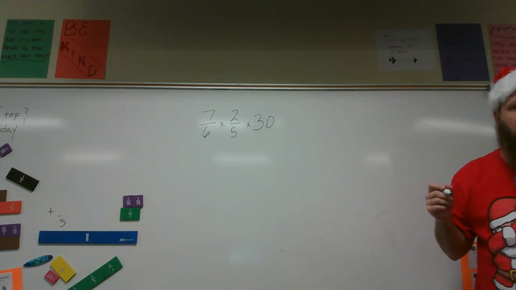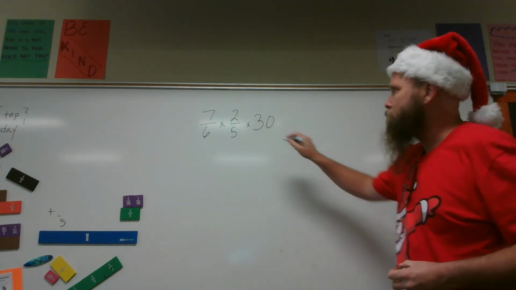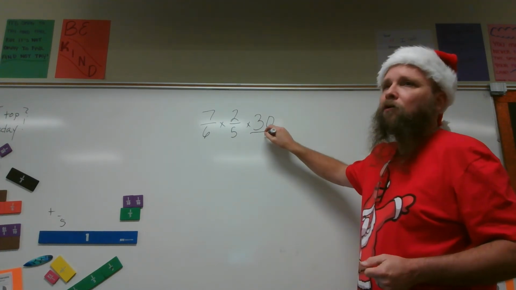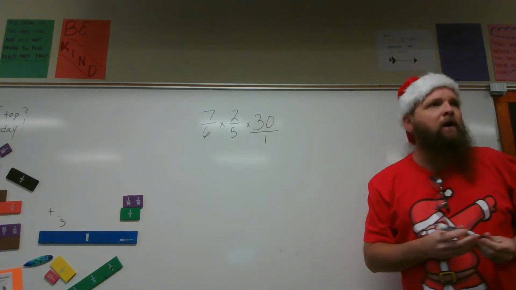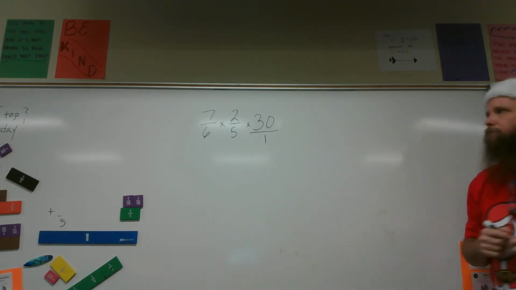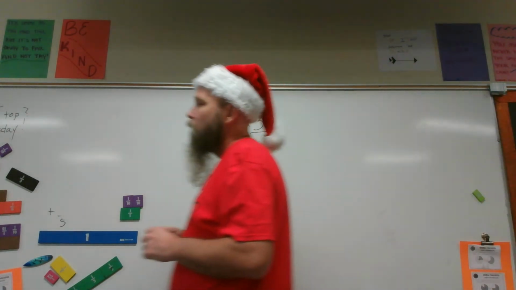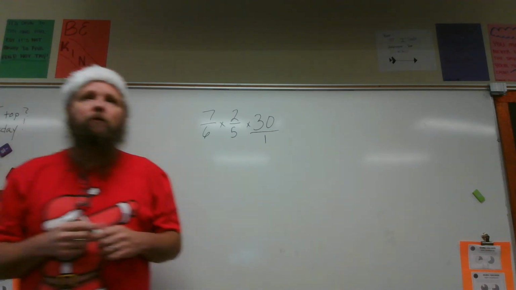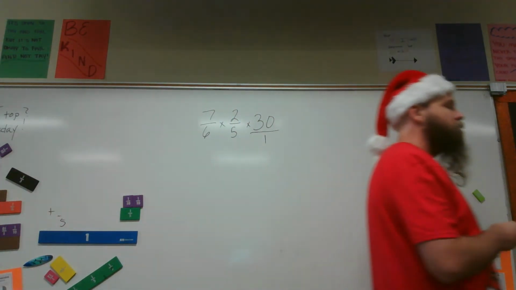We change the whole number to a fraction by putting it over 1. Then we just multiply numerator times numerator times numerator.